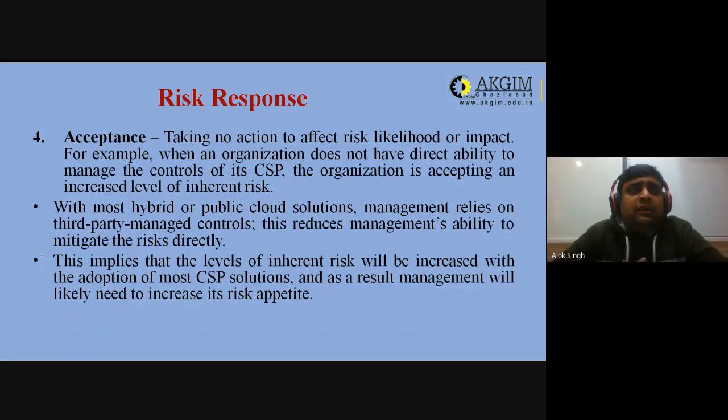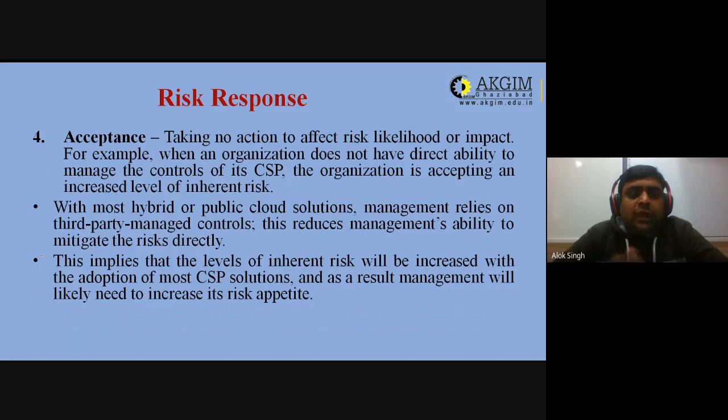We will not share any financial information or any information that we want to protect, but we may share our general information in our social media accounts. That is basically acceptance of that risk. Similarly, if you are not able to deal with such a risk, then you should accept it, because you are generally getting some benefit from it.